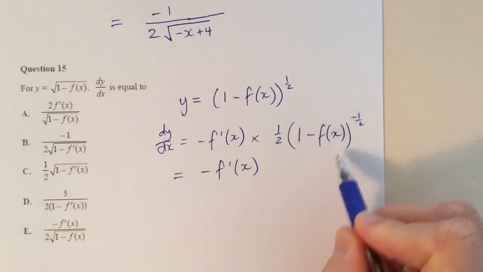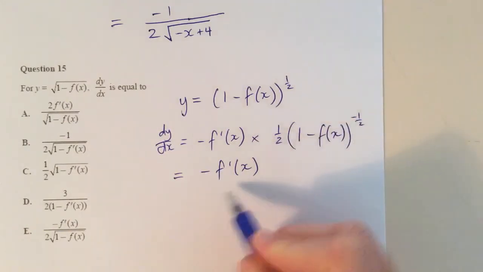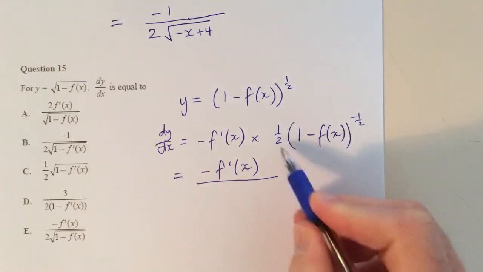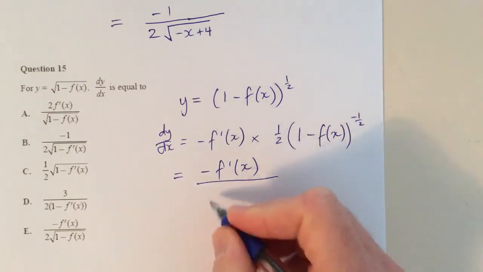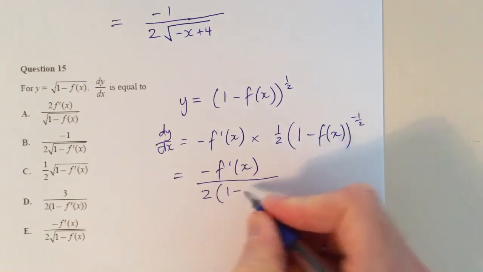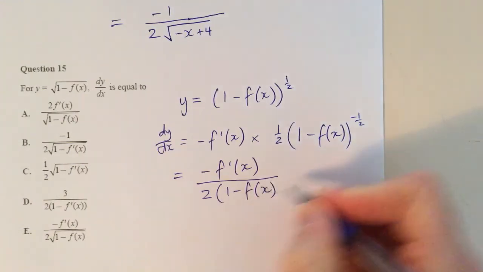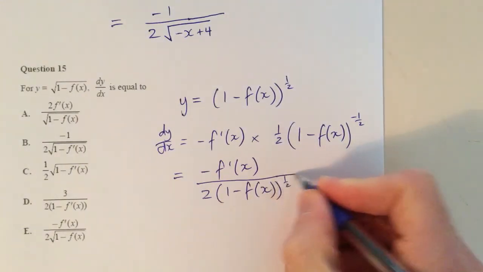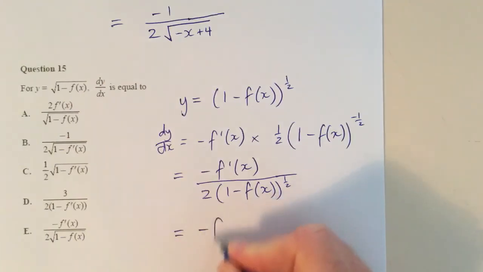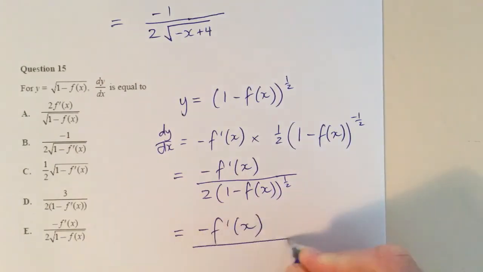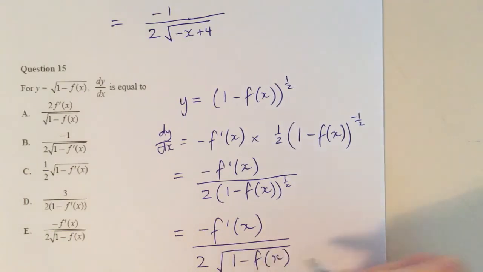Let's move the negative powered part to the bottom. We've also got a 2 on the bottom because that's being multiplied by half, so 2 times 1 minus f of x to the power of positive a half, which will be 2 times the square root of 1 minus f of x.